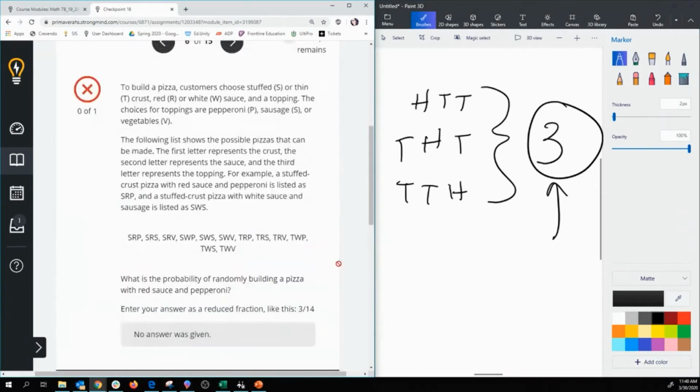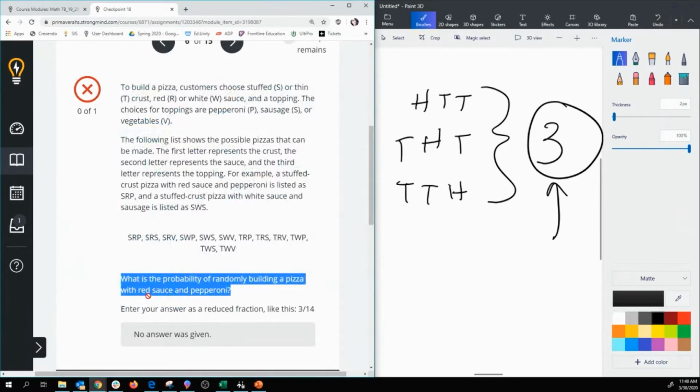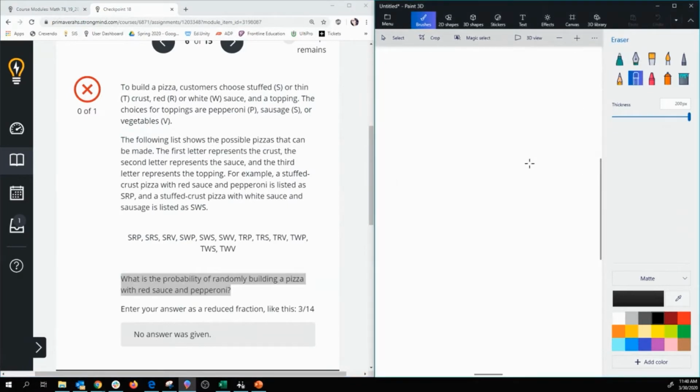Alrighty, next problem. So here we have a long one, and we want to know what's the probability of randomly building a pizza with red sauce and pepperoni. So red sauce and pepperoni. There's also one very similar to this that's like red sauce and sausage.